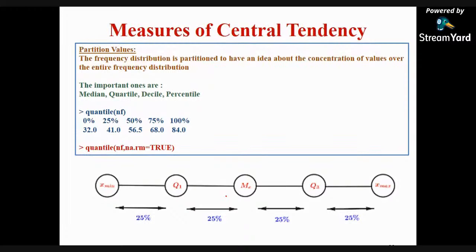Okay, and so on. In R, we have a function called quantile. By default, quantile divides the data set into four parts: 0 to 25% is Q1, 25 to 50% is Q2, 50 to 75% is Q3.